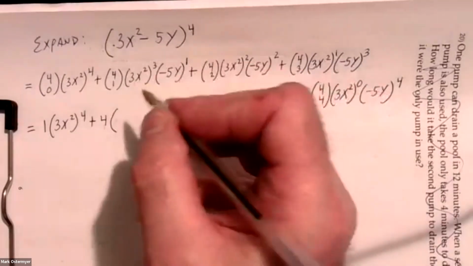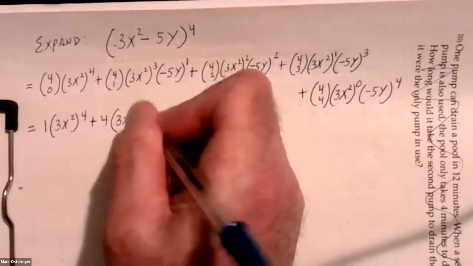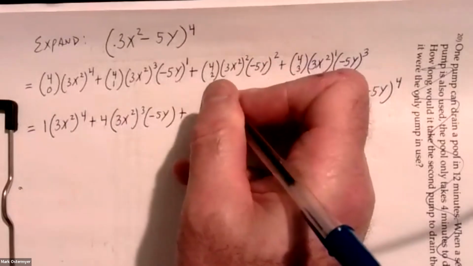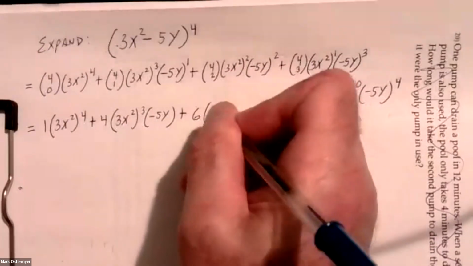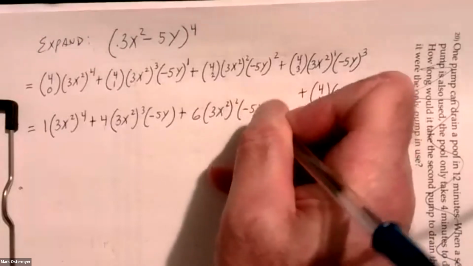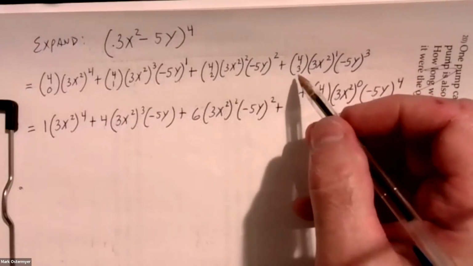3x squared cubed times negative 5y. And 4 in combination with 2 would be a coefficient of 6. This here. And then this next coefficient would be a 4.